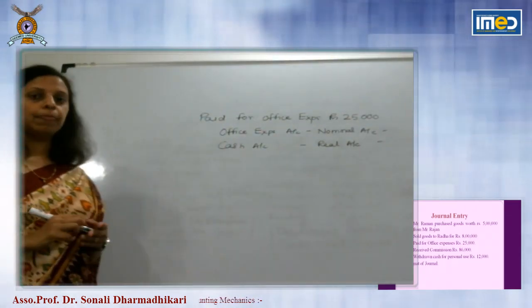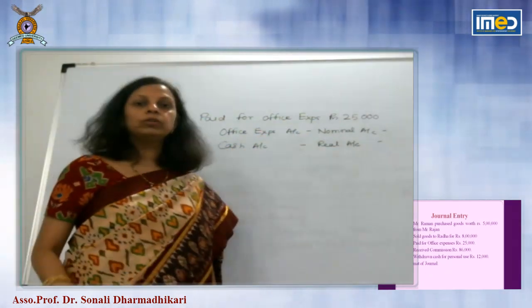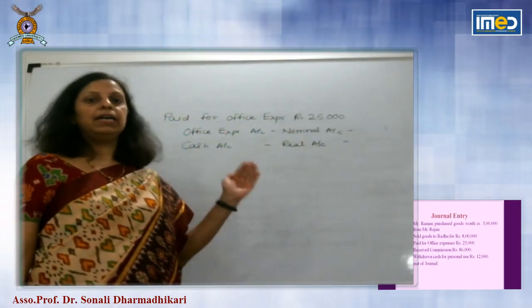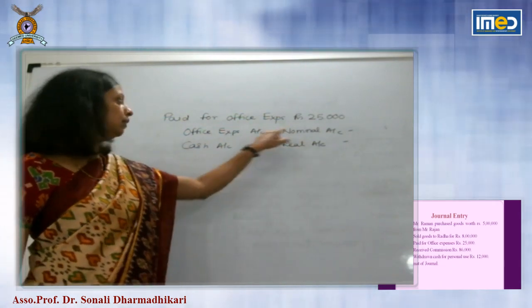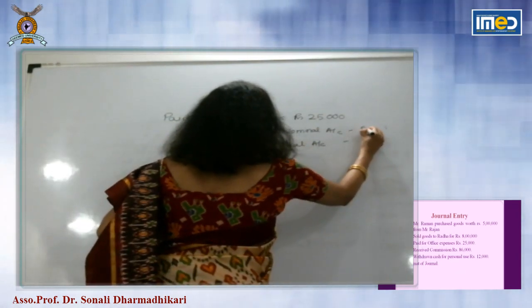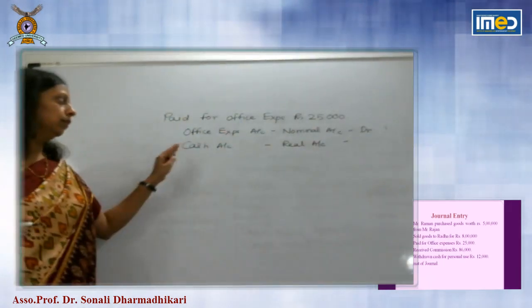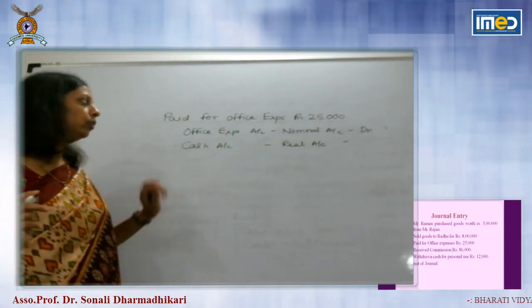Step 3, apply the golden rule. So nominal account, the rule is debit expenses and losses, credit incomes and gains. This is expense of the business, so you have to debit. Cash is going out, so you have to credit.